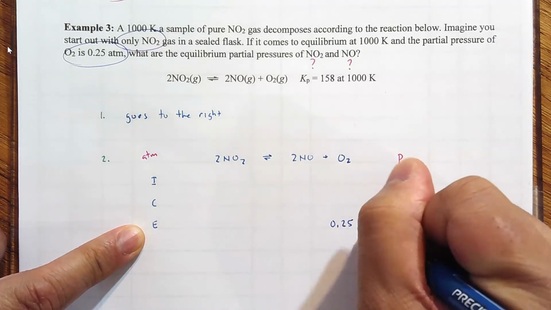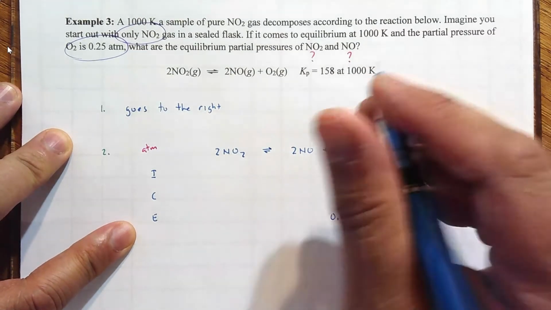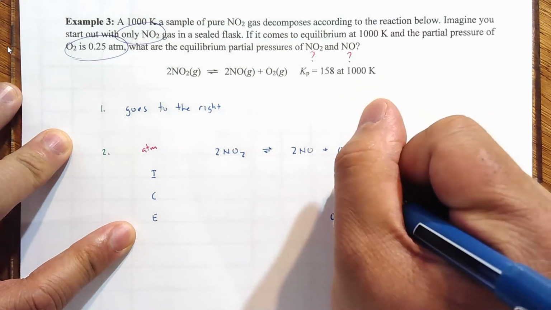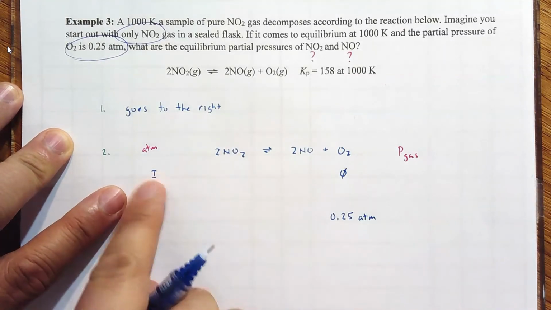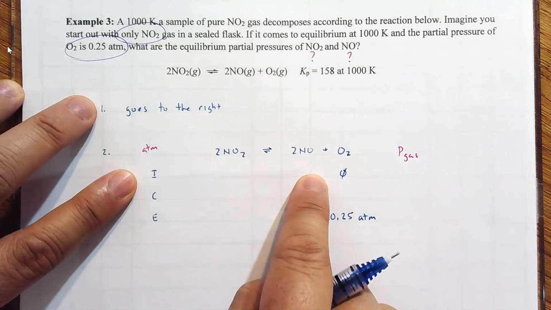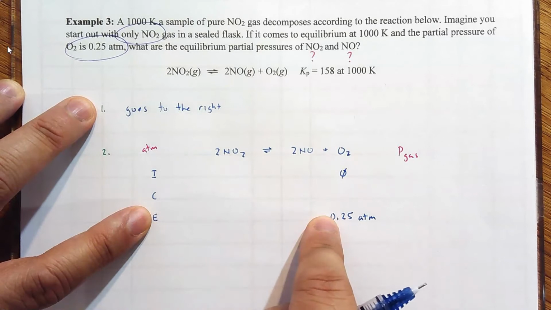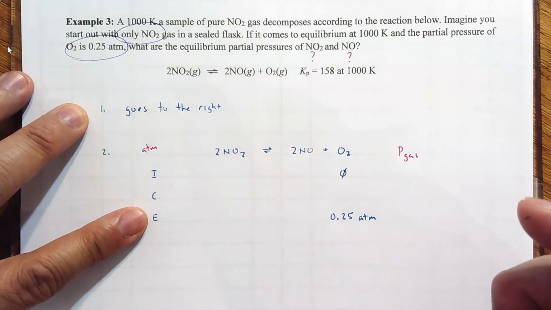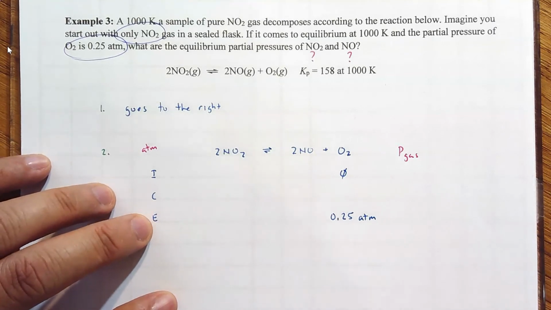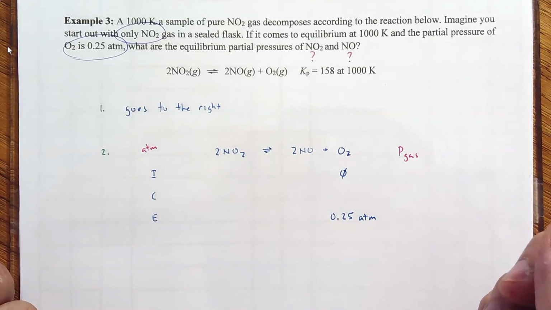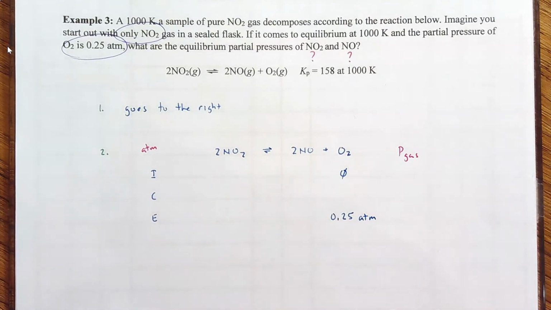And the other number that may be helpful is this one. Start out with 0. Can you figure out the initial, the change, and the equilibrium concentrations? The hint is there will be one variable. We'll call it x. That will show up in several of these spots.